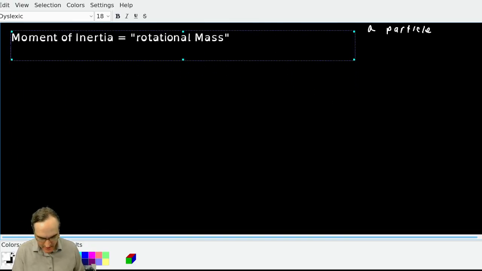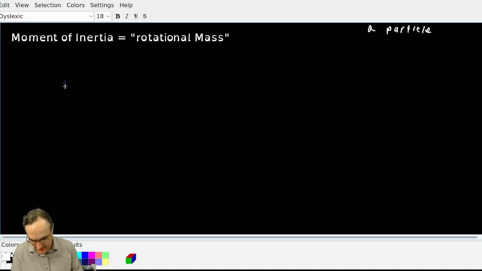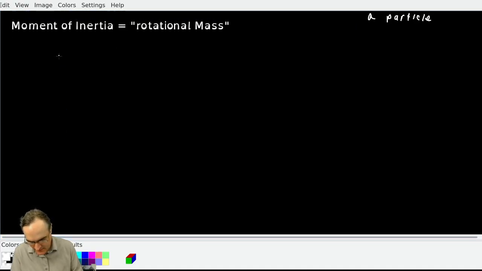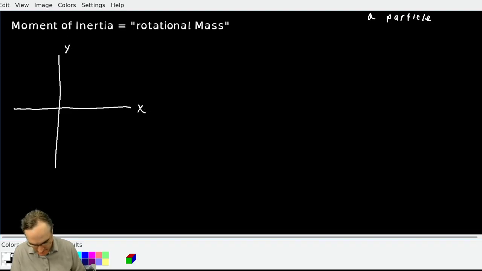But I do want to talk about what happens if you have a system that consists of multiple particles which are attached to one another. So let's imagine something where here's the center of rotation. And we will arrange some masses around this point. And I'm just going to choose a somewhat arbitrary arrangement.